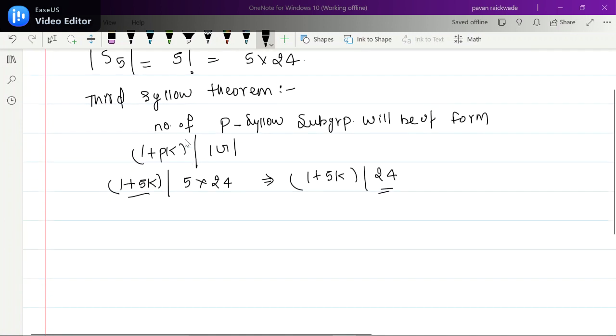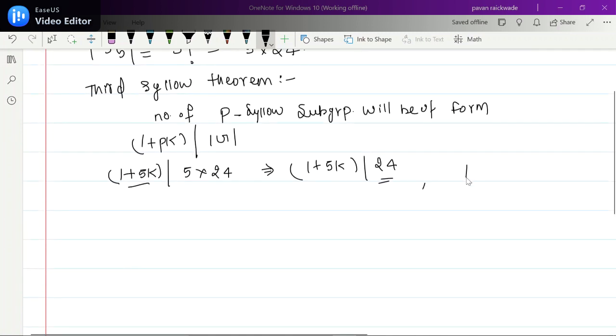Manually putting the values of k, where k is 0, 1, 2, natural numbers with 0: for k equals 0, it is 1. For k equals 1, it is 6, and 6 divides 24. Then 11 doesn't divide 24, 16 doesn't divide, 21 doesn't divide, and no more. So these are the only two choices we have.